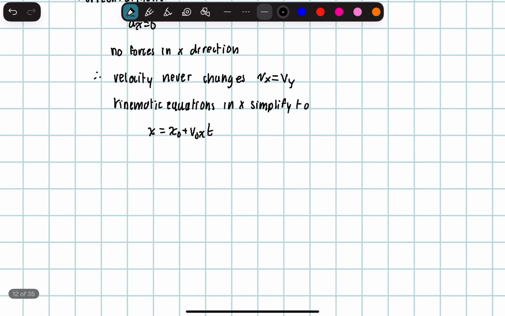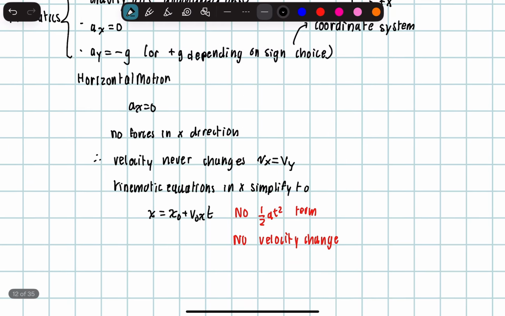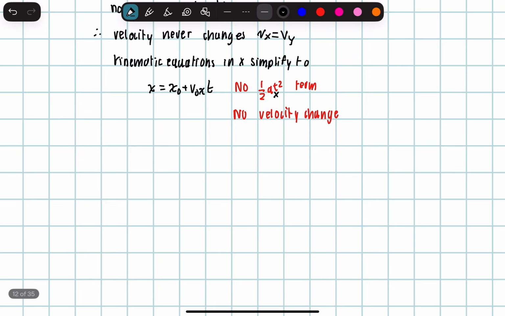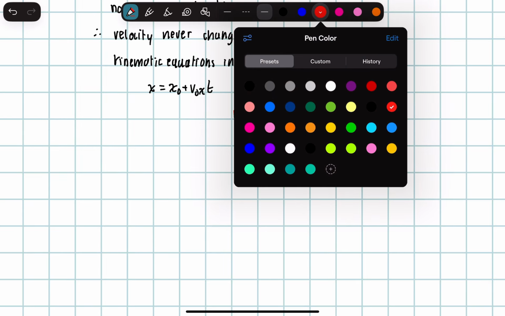So in this kinematic equation, there will be no 1/2 a t squared term, and there is no velocity change. That's because a_x is going to equal 0, and that will just cancel out.